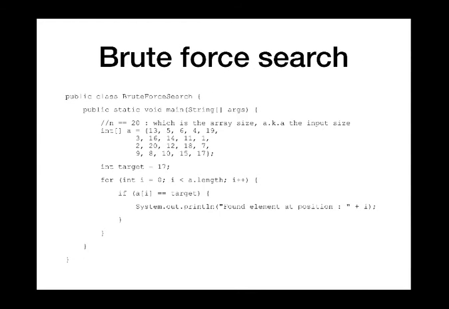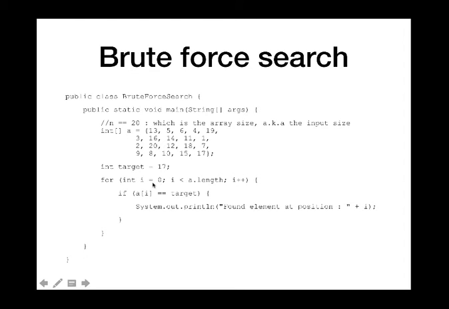The second example here is similar to the first one, which is the brute force search. I have the same array, the same elements, the same size, but now I have a target element, which is a target value that I want to see if my input array has that element. If so, I simply print the position.